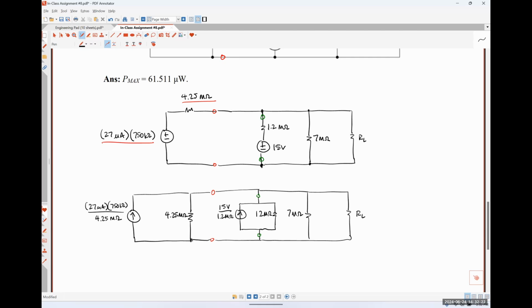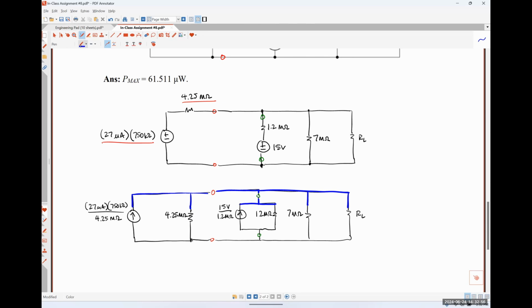So what could I do now? Or another way to put this, I guess, if I were to identify my nodes, what would I see here? Your 4.25 megaohm, your 7 megaohm, and your RL are all in parallel. Exactly. You can combine them. Right.